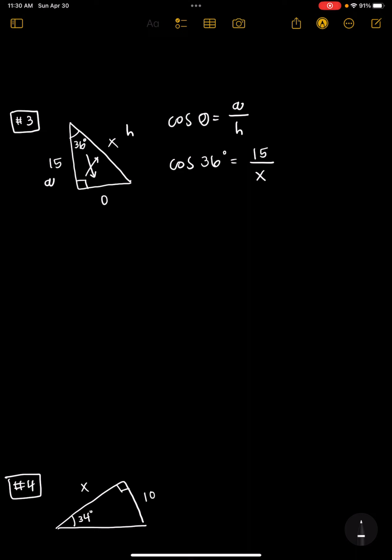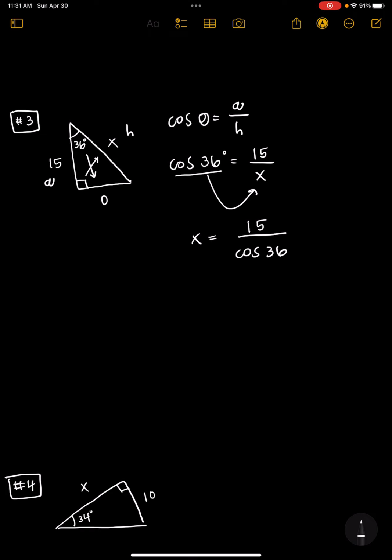So instead, there's this trick, and I'll show you how it works, but this trick says we can take this whole side and switch it with x so that it becomes x is equal to 15 over cosine of 36. It's really just two steps in one, because what I could do is multiply each side by x to get rid of the fraction and then divide by cosine of 36.